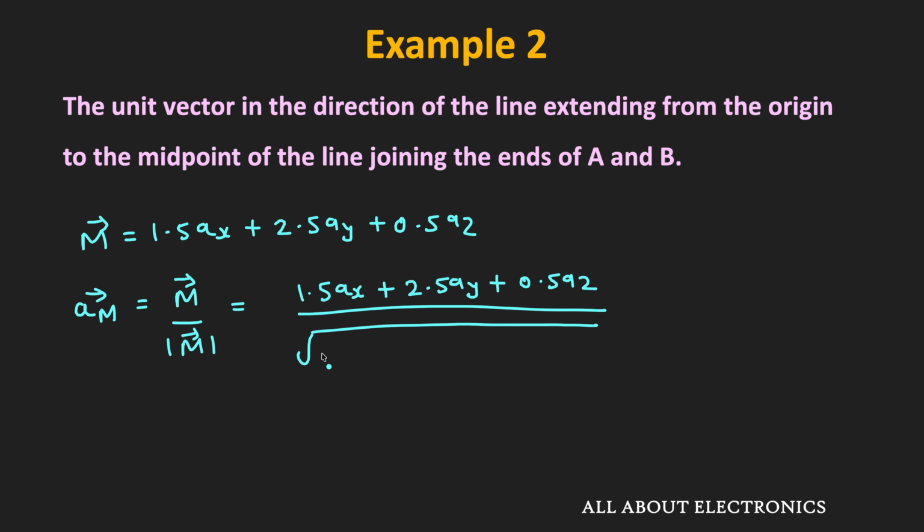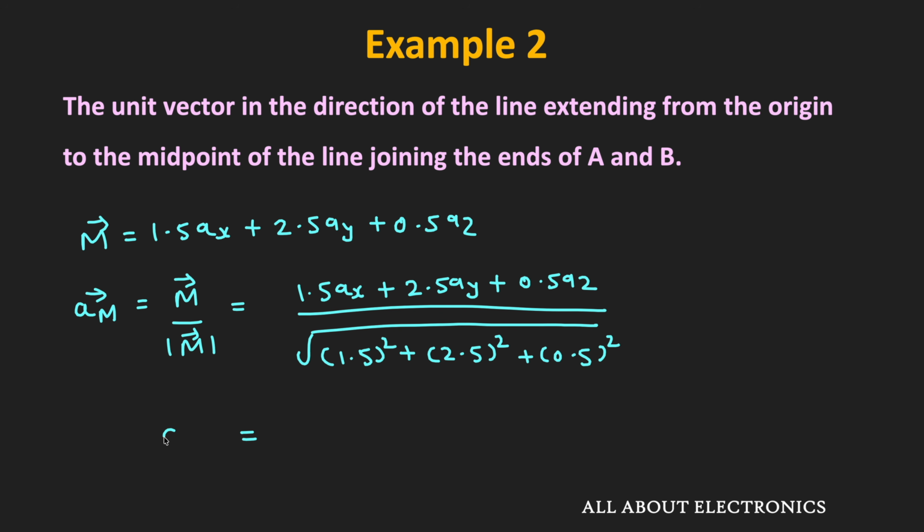So in this case, that is equal to 1.5 whole square plus 2.5 whole square plus 0.5 whole square. So if we just see the denominator, then it will come out as 2.95.